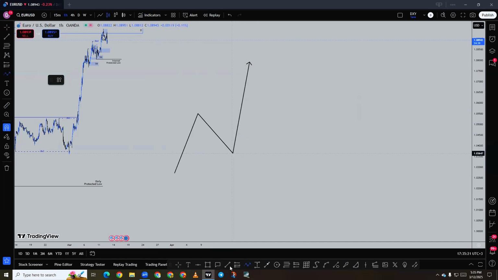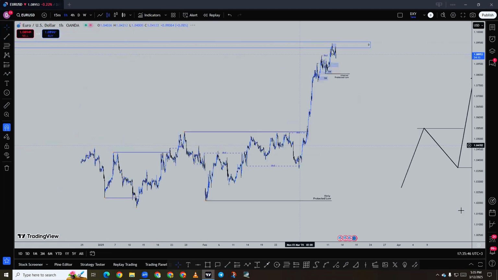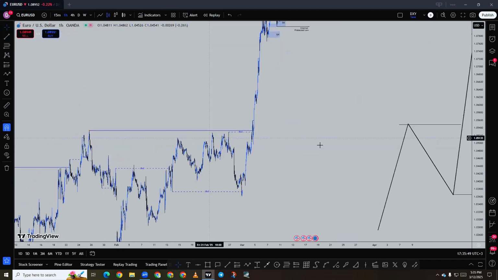So this becomes our swing low, and that becomes our swing high. This is our swing low, and this blue line that you can see is where we broke structure on the 1 hour. So that is the swing structure. We broke structure to the upside.